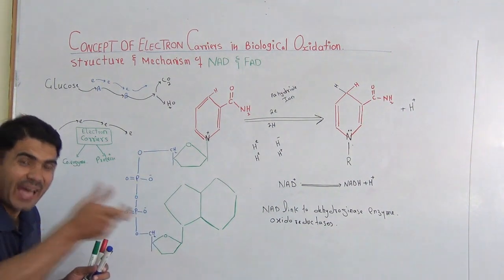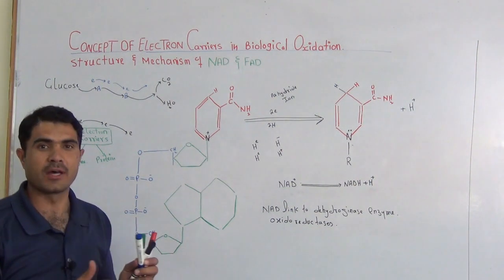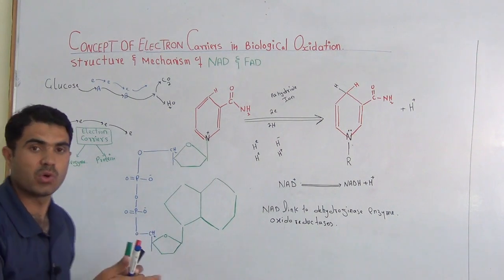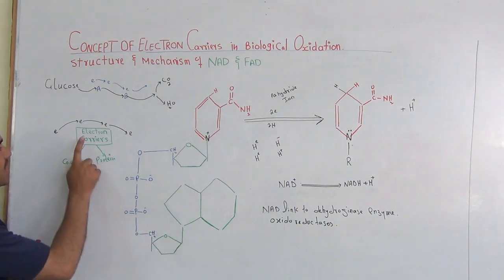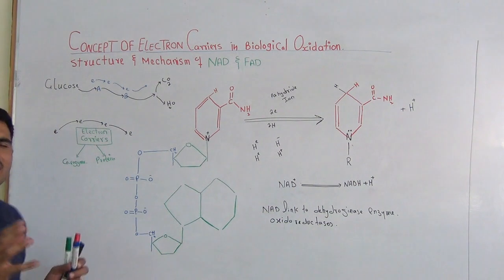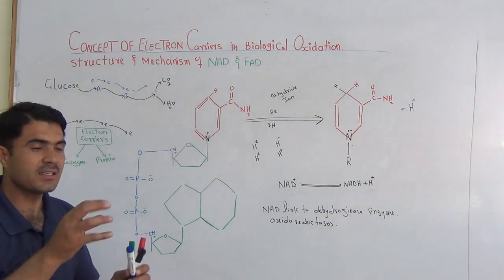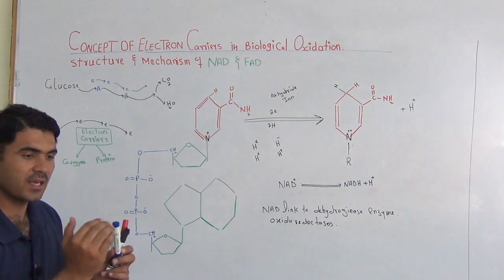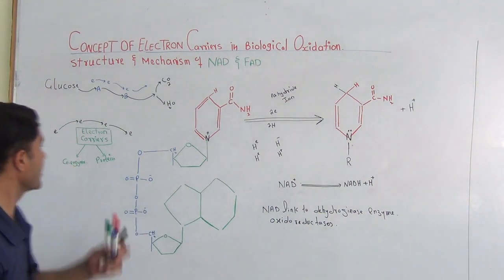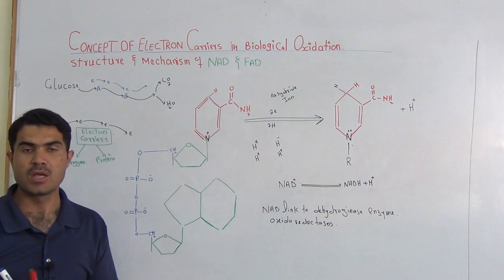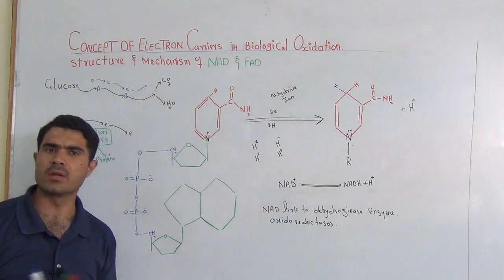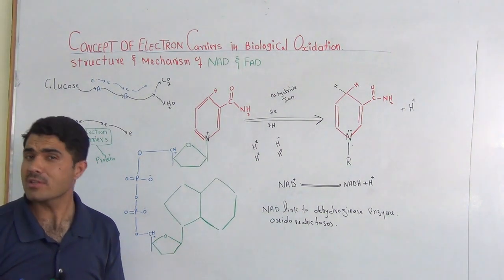So what is that thing which transfers electrons during glucose oxidation? It is the electron carriers. The name indicates, a very simple name, that these are the substances that carry electrons from one place to another, and they are called electron carriers. So electron carrier is just a general name. Is there any special name for these electron carriers?